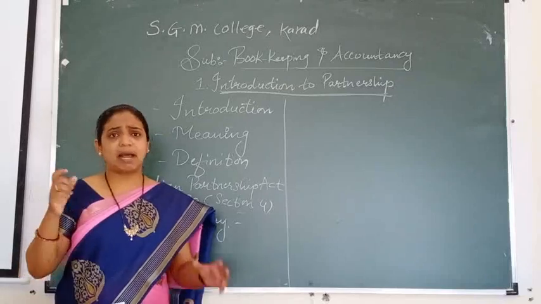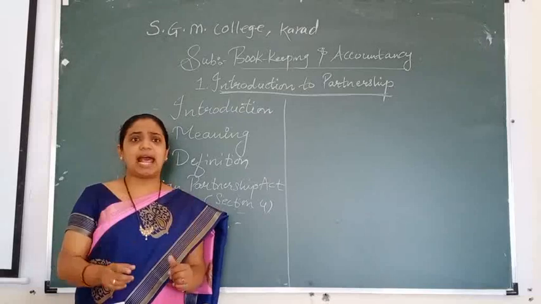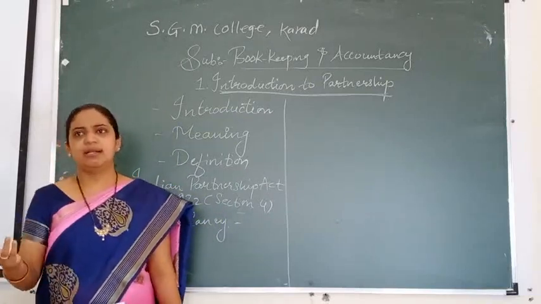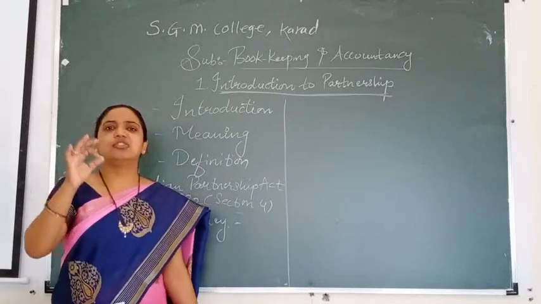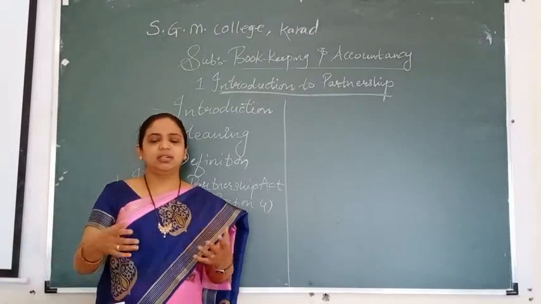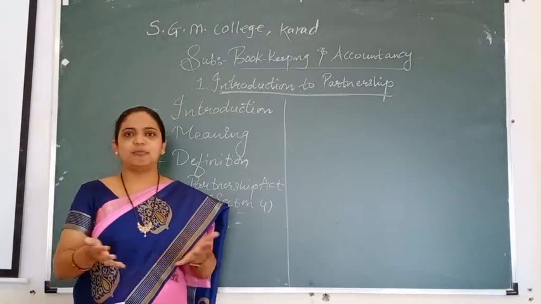Always remember that partnership is run to share the profit and losses. That means in every business, the main motive is to earn a profit. You know very well, in OCM also and in accountancy, we are seeing that business is carried on just to earn a profit. No person on earth says, "I want to earn losses, that's why I started the business." That's not possible.